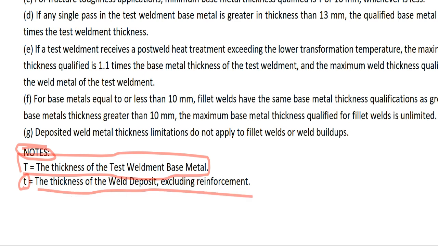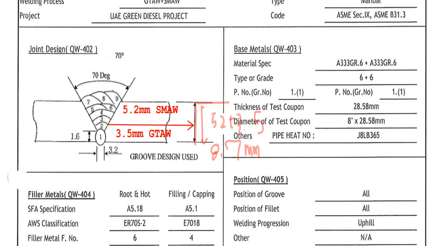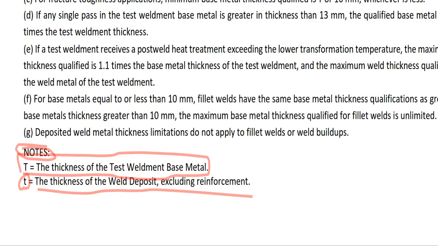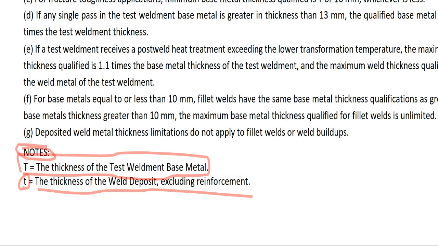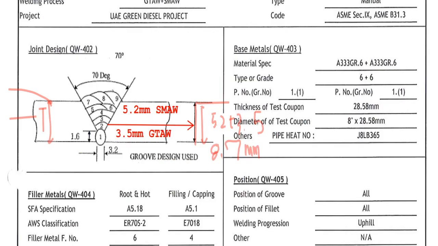So the capital T means the thickness of this base metal for the PQR qualification, the test weldment base metal. So this is capital T. And the lowercase t is the thickness of weld deposit. So the weld deposit is here, from here to the top of the weldment.